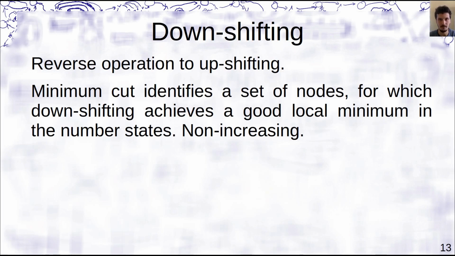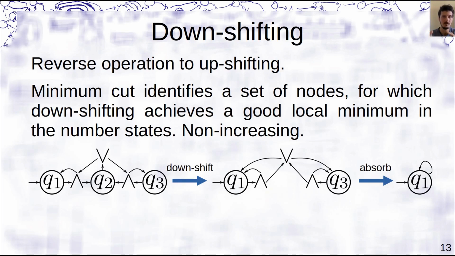While upshifting is applied almost wherever possible, we precede downshifting by an analysis based on minimum cuts, which precisely determines the nodes on which downshifting will be applied in order to find a good local optimum of the resulting number of states. It therefore never increases the number of states, in contrast with upshifting. The example shows how beneficial the downshifting can be in theory.